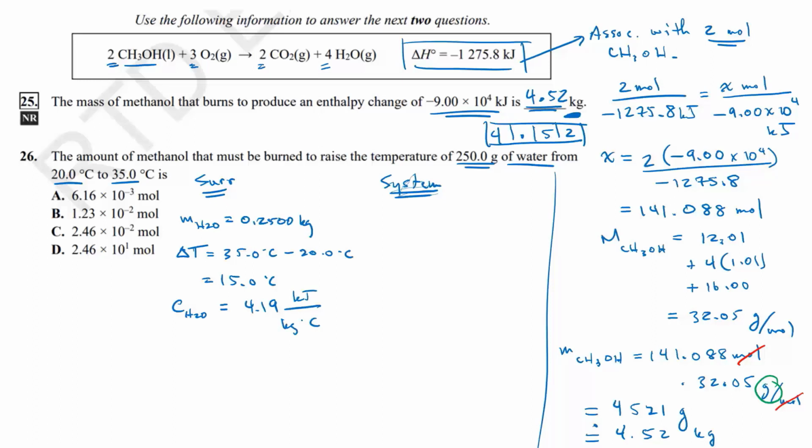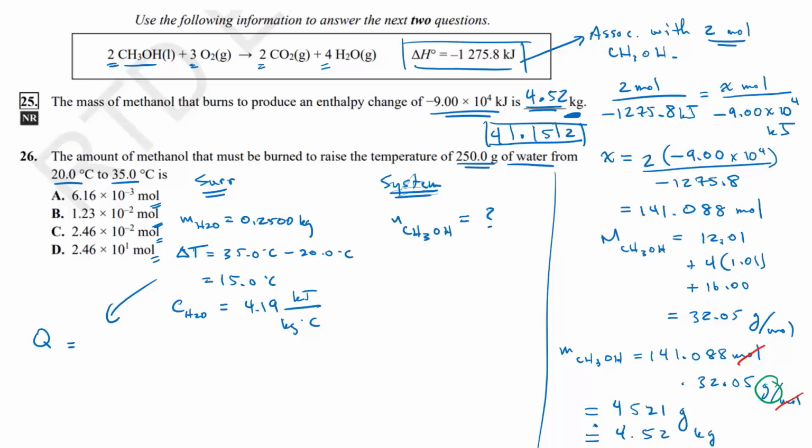Under the system heading, we are looking for an amount of methanol. If we look at the answer options, they're all given in moles, so really it's going to be helpful if we determine the number of moles based on how much energy is released. Okay, but nonetheless, hopefully it's easy to see that we're going to determine a Q from the information that we have.